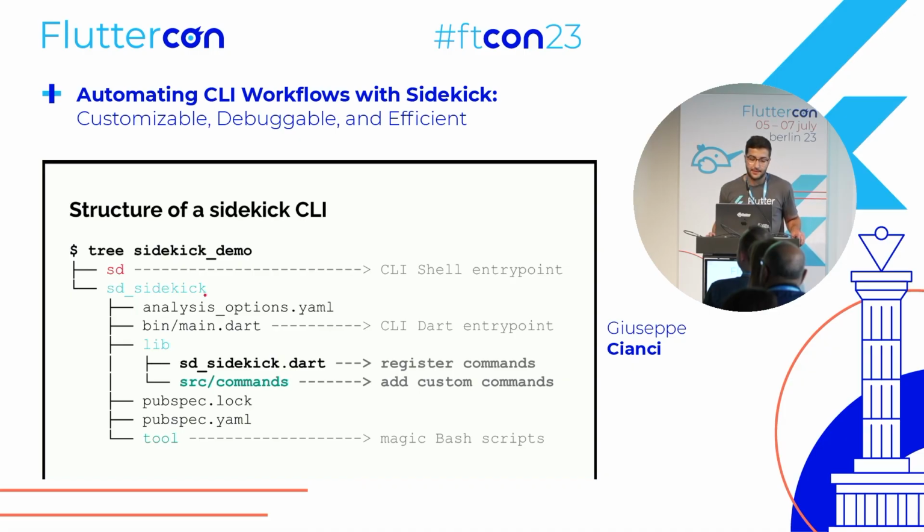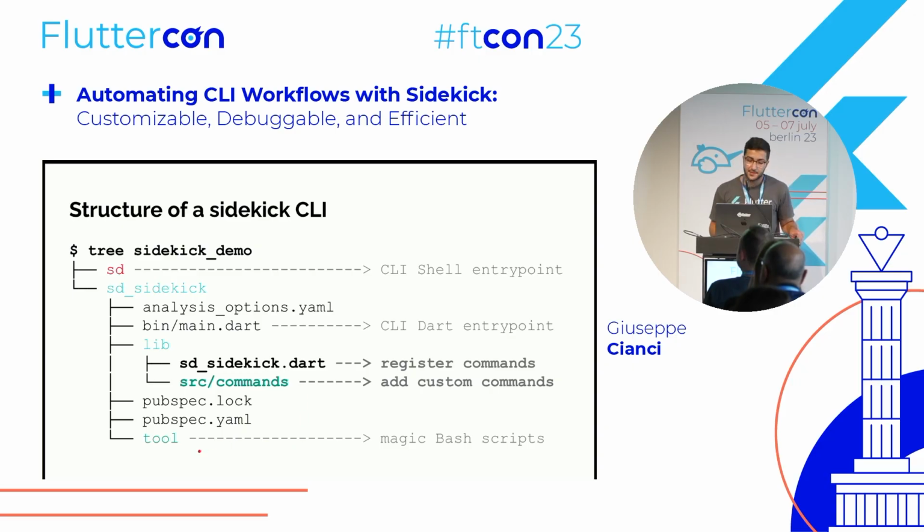And sd_sidekick is the Dart CLI package you will use to customize your own CLI. You will basically do this just here in the lib folder. There's the commands folder. You can add your own custom commands here and register them in the sd_sidekick.dart file.